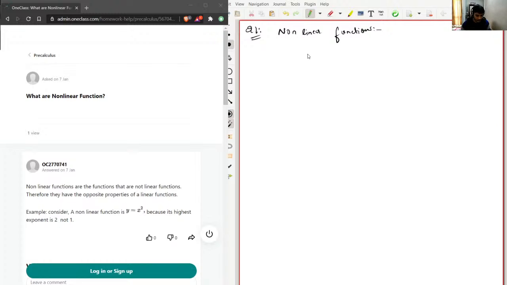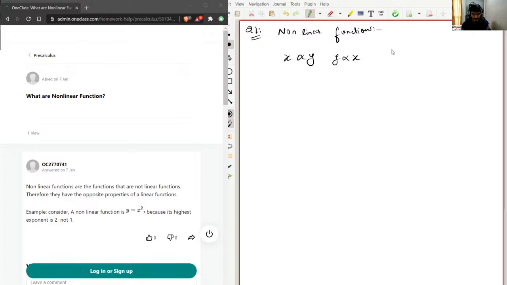Non-linear functions are the functions that are not linear functions. That is understood from the name only, and therefore they have the opposite properties of a linear function. I'll tell you with an example. For a linear function, y is directly related to x.